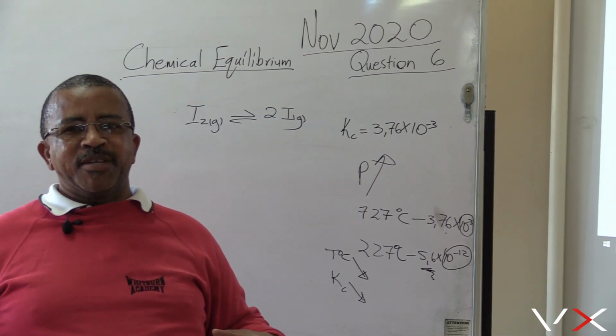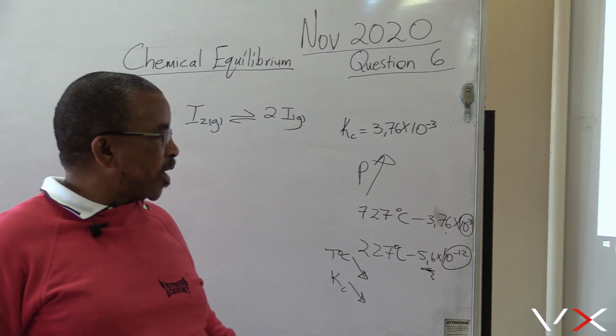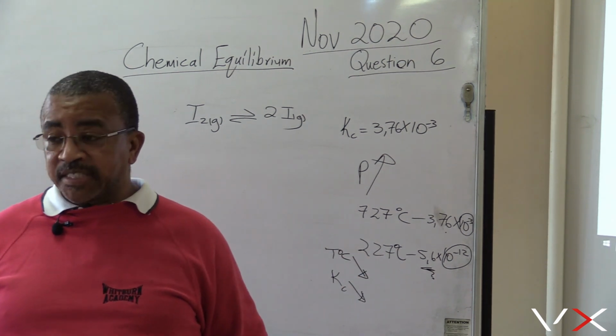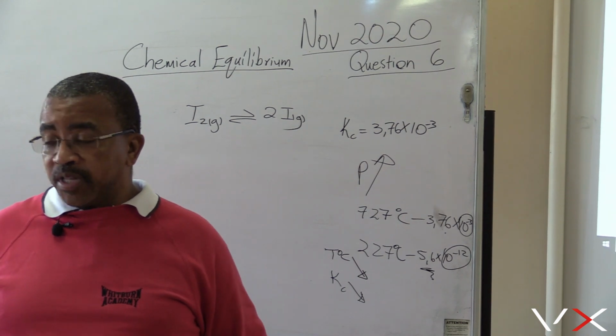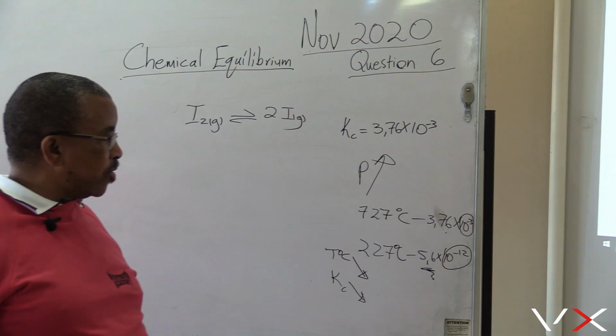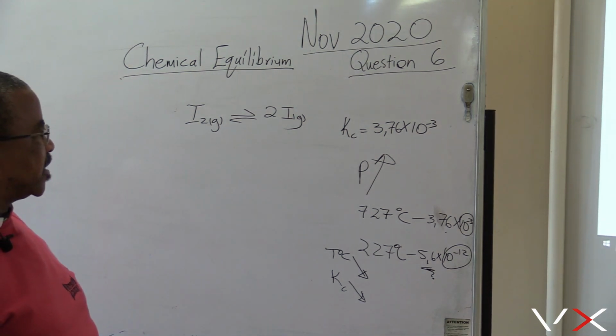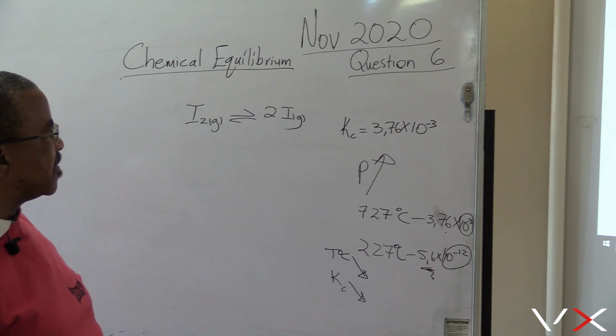When the reverse becomes favored, the concentration of reactants becomes more and the value of Kc decreases. So this is how we work it out. We explain the answer.